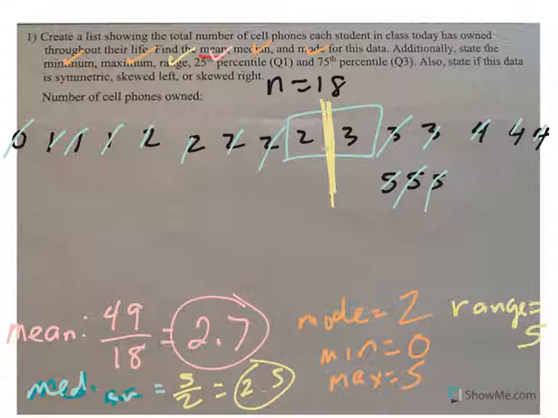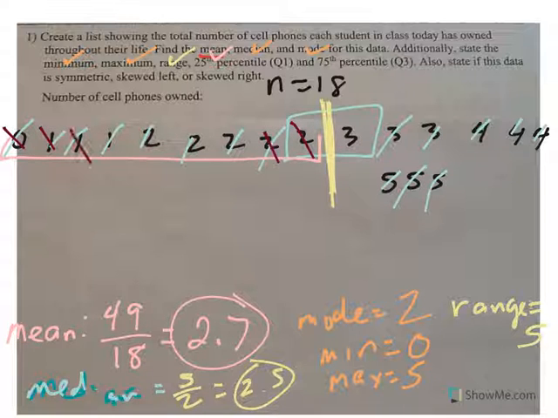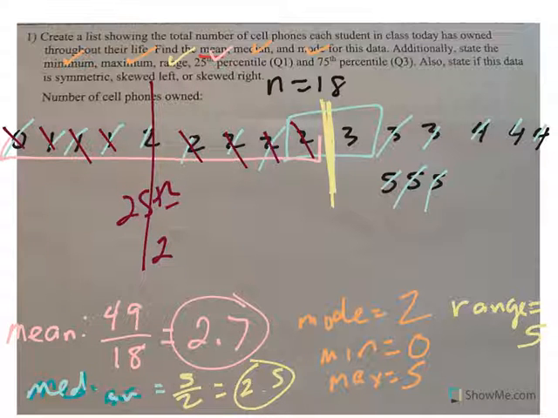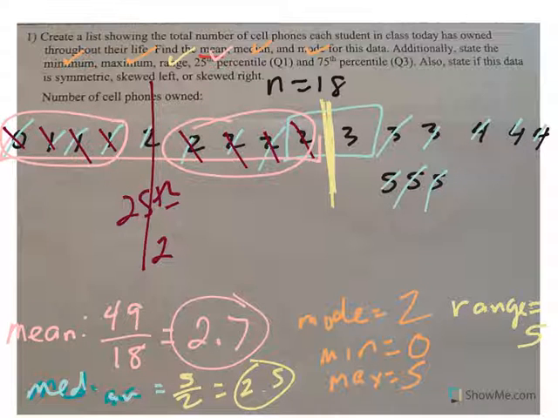So when we go back to our data, I go to my first half, and I find just the median of those numbers. So cross out, cross out, cross out, cross out, cross out, cross out, cross out. Boom! There's my 25th percentile. It's 2. And if you'll notice, there are 4 numbers here and 4 numbers here, because these percentiles are going to cut our data into equal chunks.